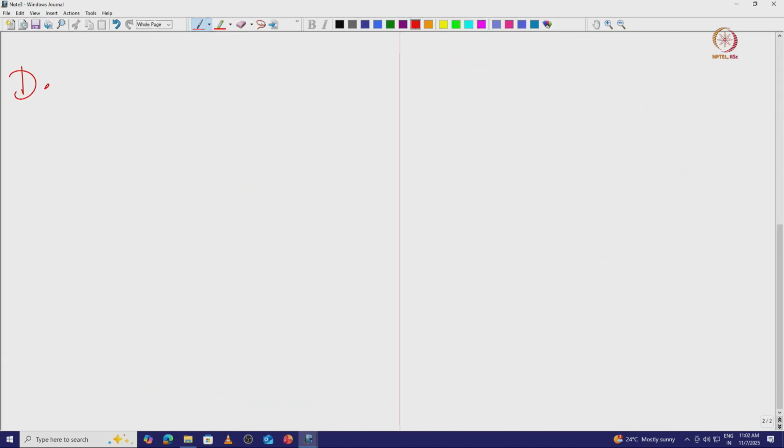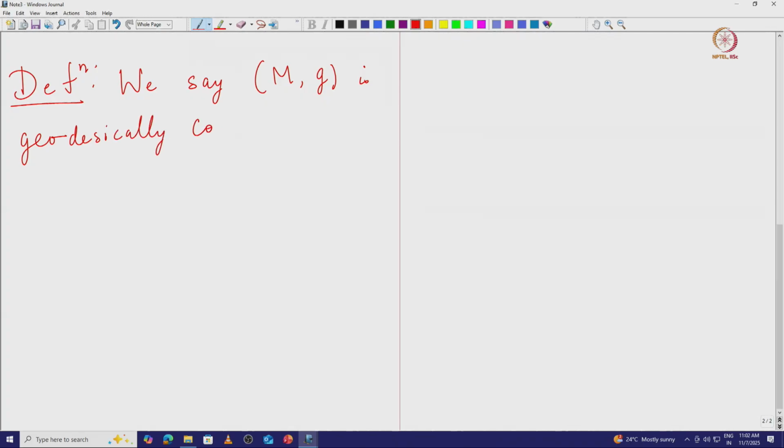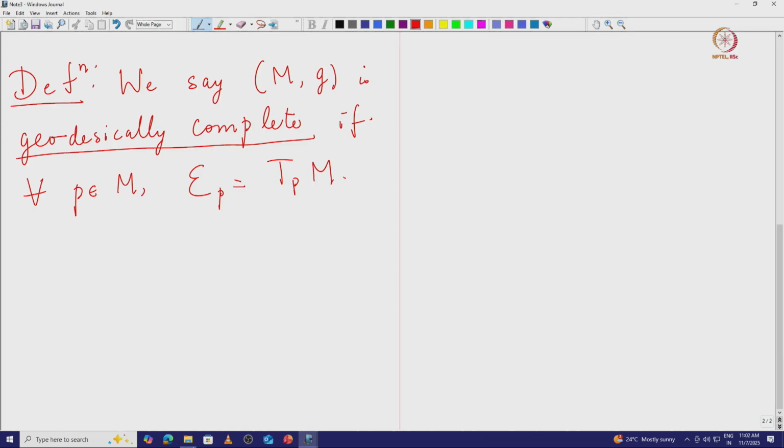So here is the definition of geodesic completeness. We say that a Riemannian manifold M comma g is geodesically complete if for all points on the manifold the domain of the exponential map is the entire tangent space, okay.